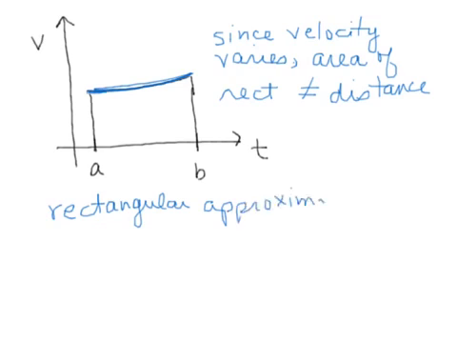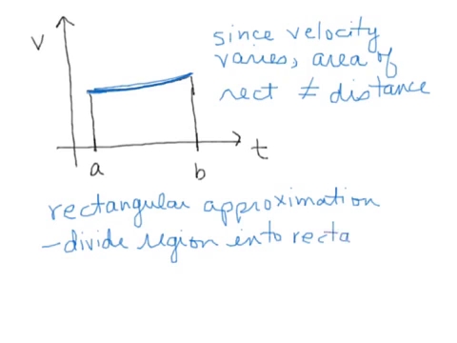And we will be dividing the region into rectangles. So let's just say, to make it easy, we're going to divide this one equally in two. And we have two smaller rectangles, and we could estimate.